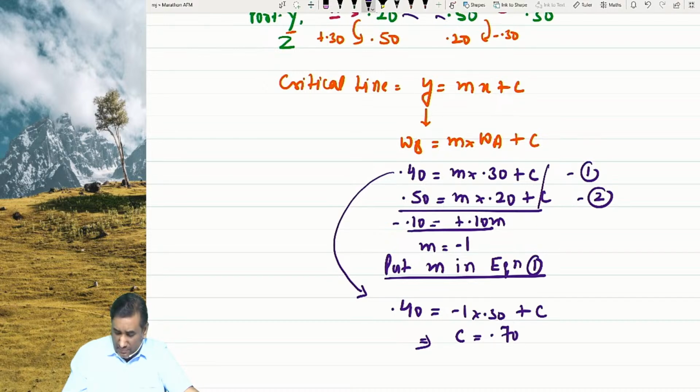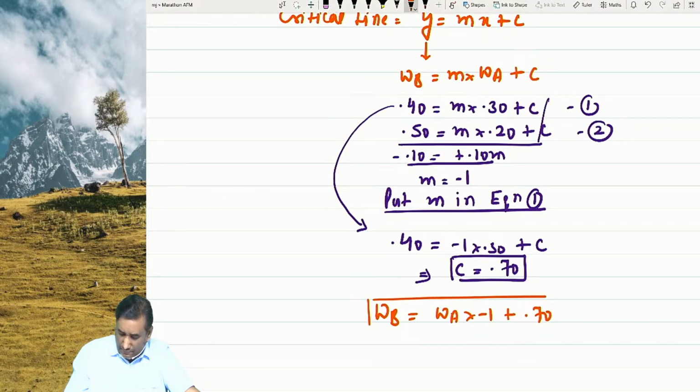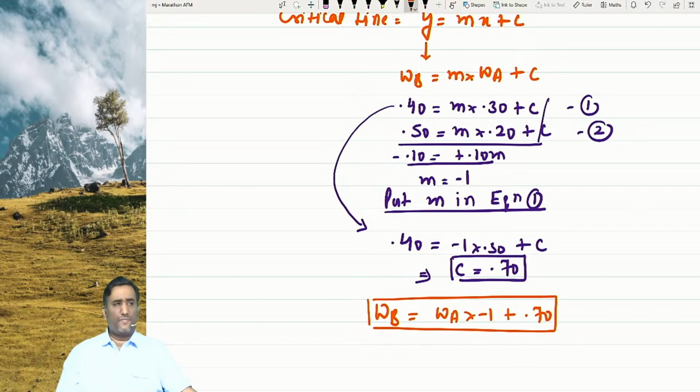Positive 0.70. And then you can do what? Equation. So our equation will become the standard equation. Weight of B should be equal to minus 1 into weight of A plus 0.70.